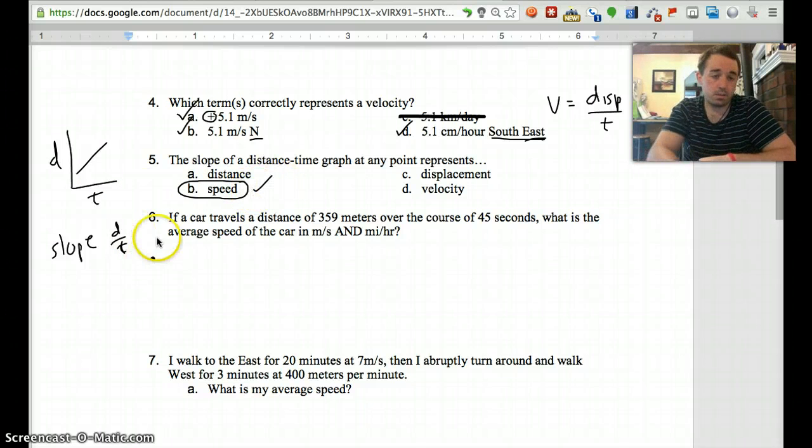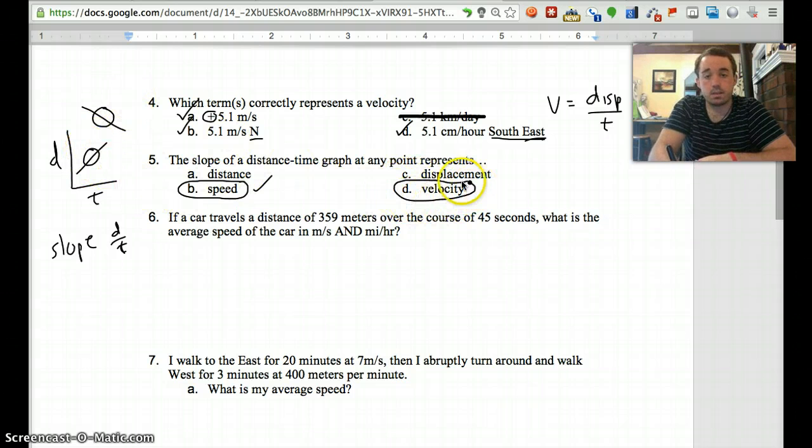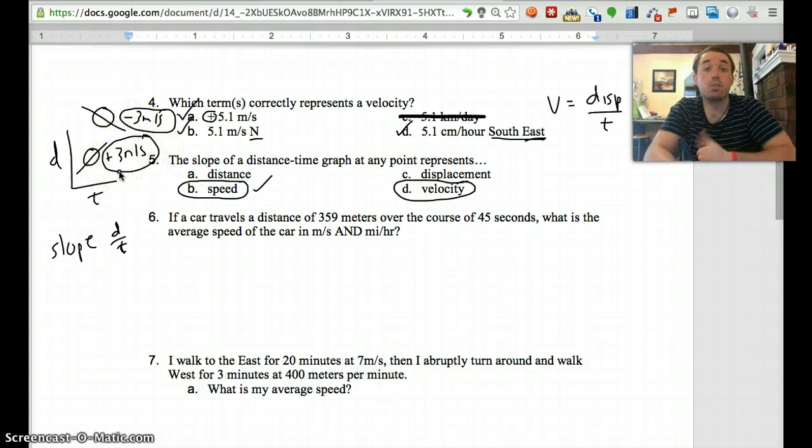But also, remember we have that plus or minus going on, so there's a difference between a slope like this and a slope like this, so you can also get velocity from a distance time graph. This one would be like -3 meters per second for velocity. This one would be positive, maybe 3 meters per second. That positive, that negative tell you the direction. It gives you that velocity.